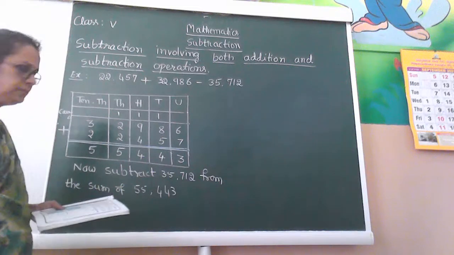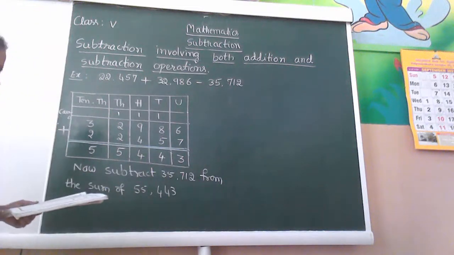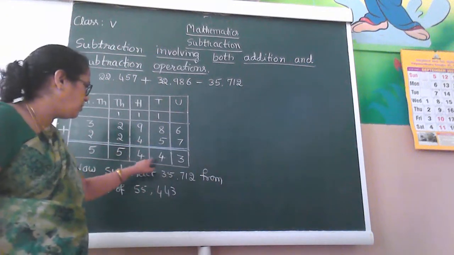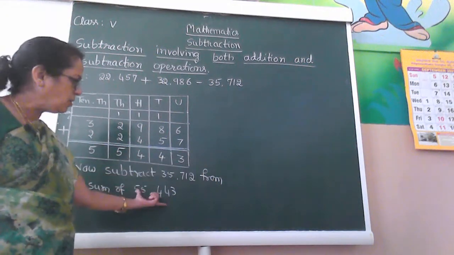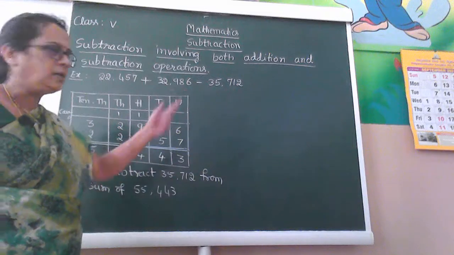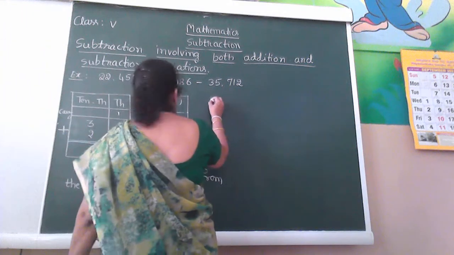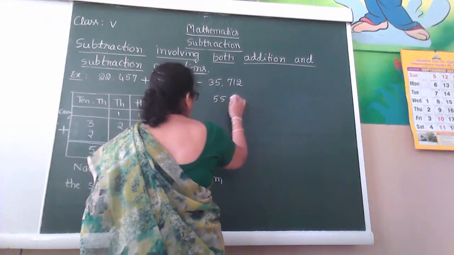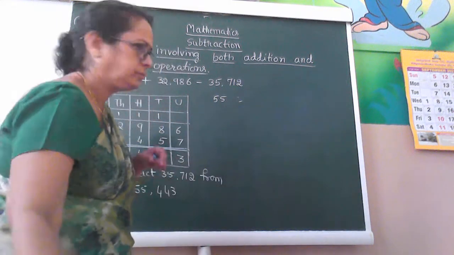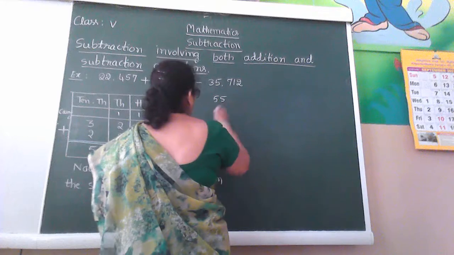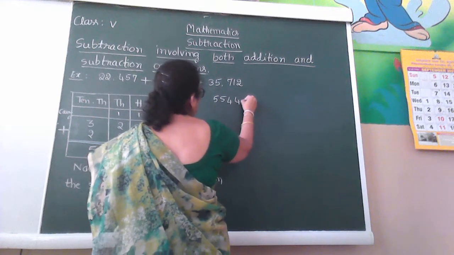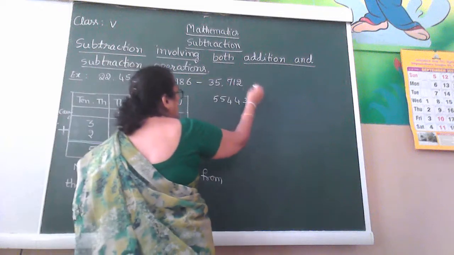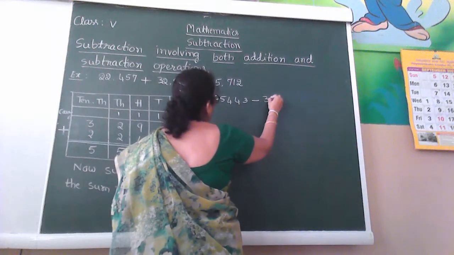Okay. So how do you write this here? That means we got this answer after addition minus 35,712.